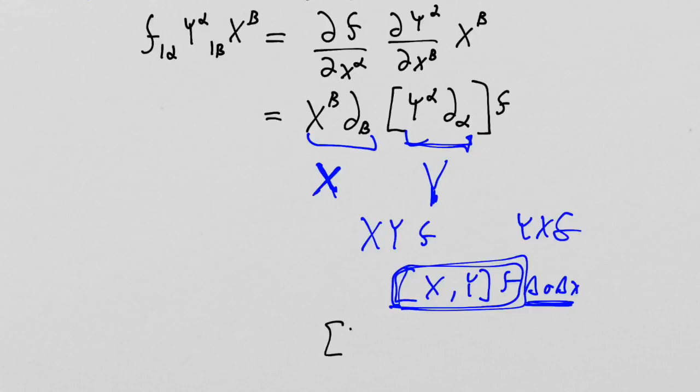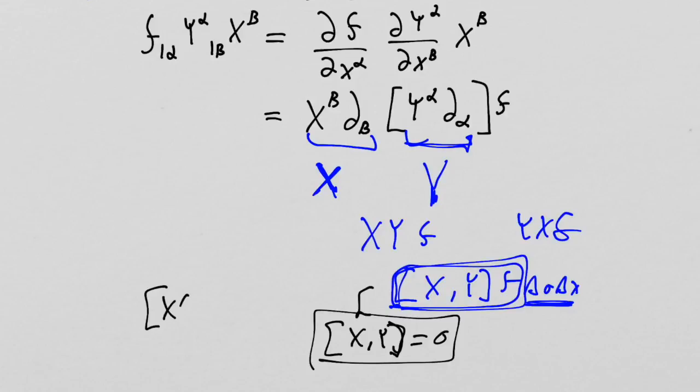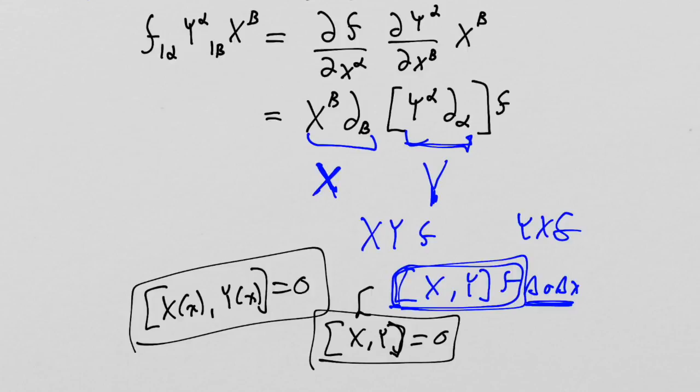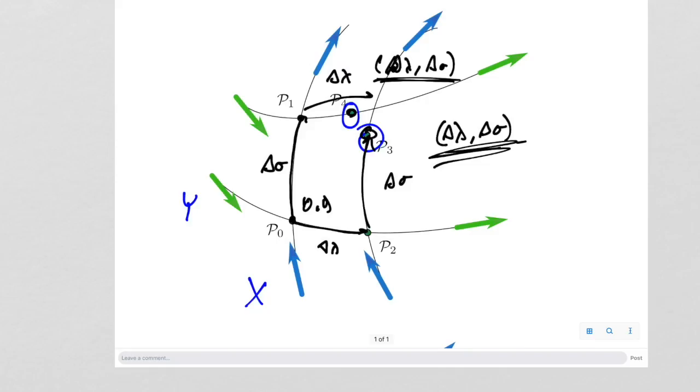And so if the two vector fields have a commutator that equals 0 everywhere, because remember, these are functions of spacetime, so this is the commutator of x as a function of spacetime with y as a function of spacetime, then you can actually create a coordinate system.